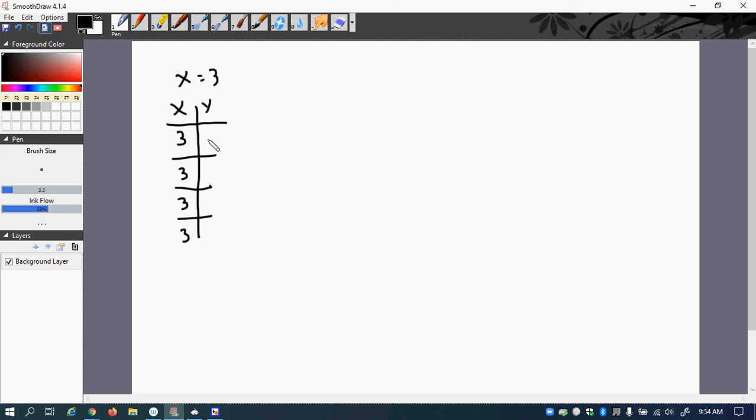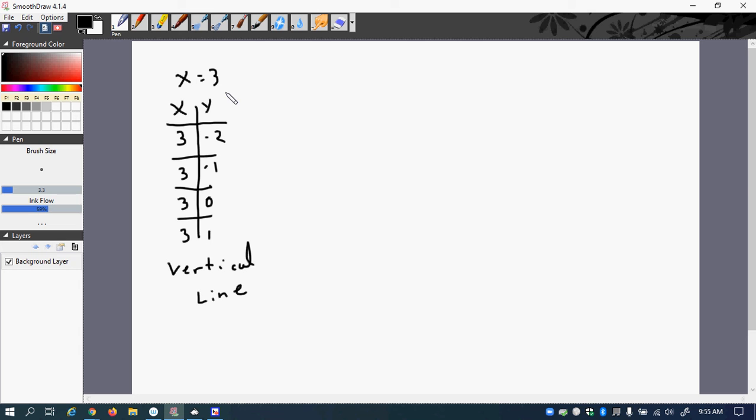So in this case, we have, let's say, negative 2, negative 1, 0, and 1. You can see as you plot these points that you get a vertical line, like we did in the graph you just saw. So it's a vertical line where x is equal to 3.